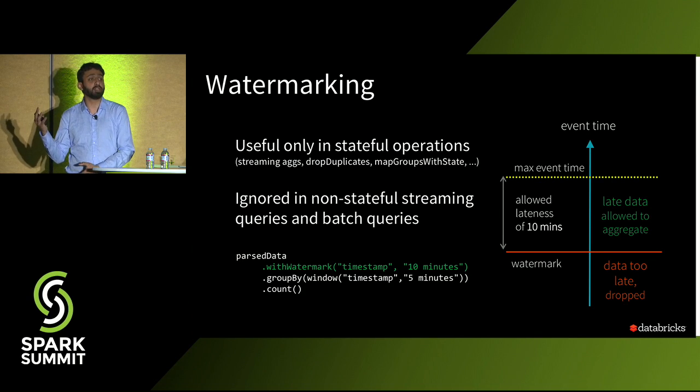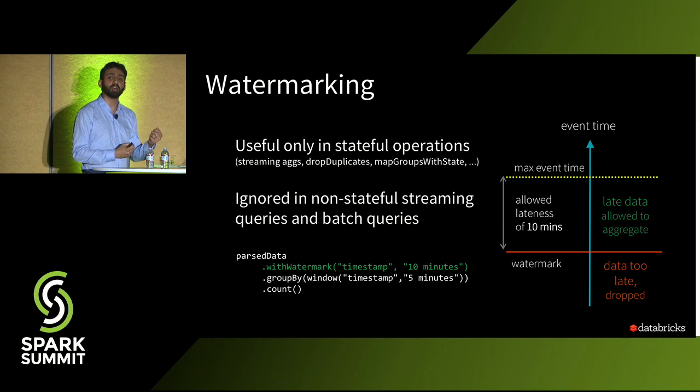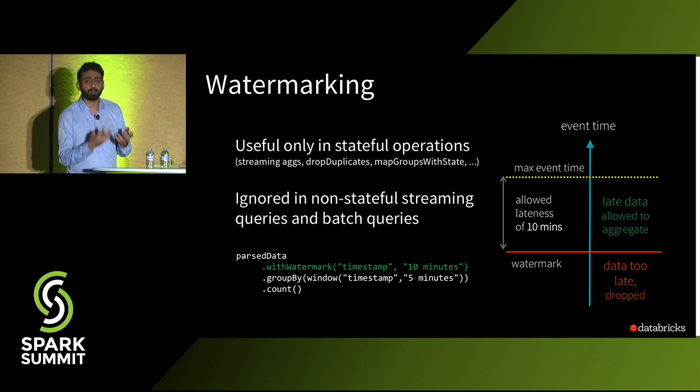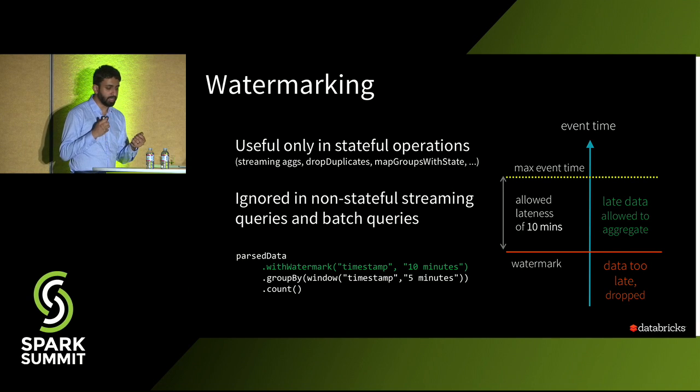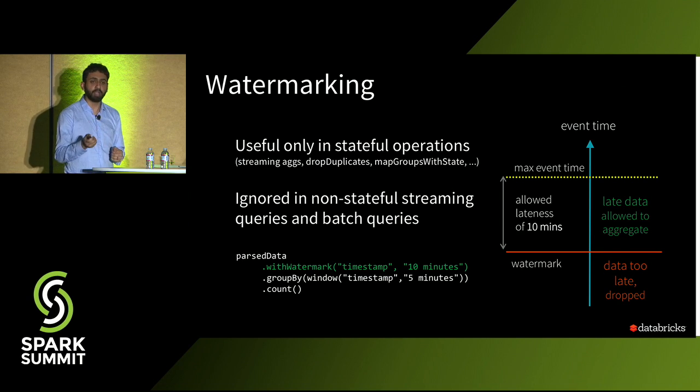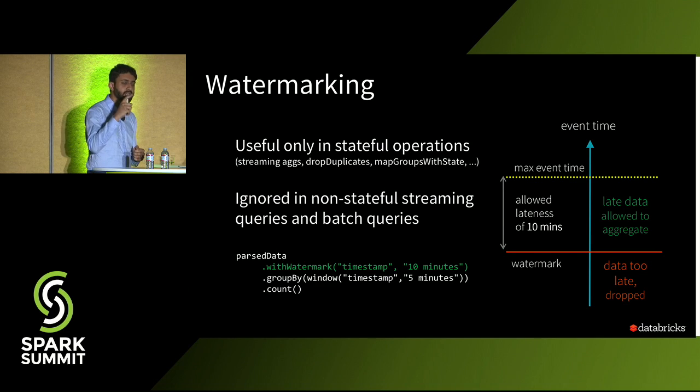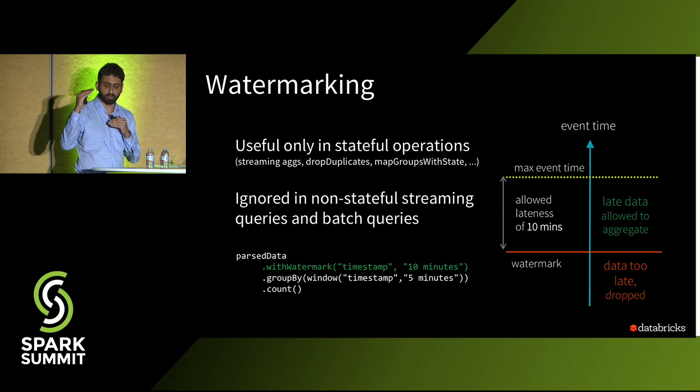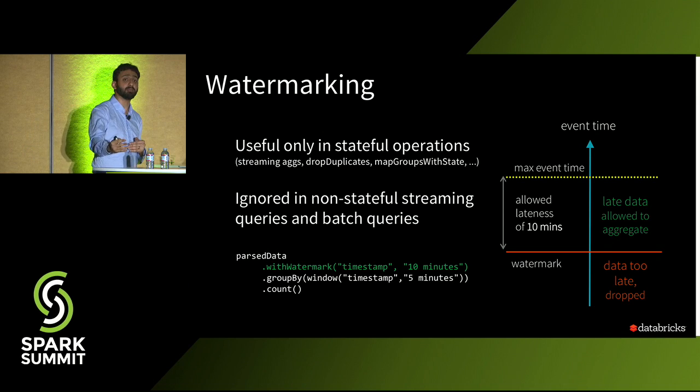But if you want to keep your resource usage down, then you have to make a trade-off in how late your data your application is allowed to handle. So that is a very configurable trade-off, and the way to do that is by specifying this trailing gap, based on which the watermark trails behind the max event time.